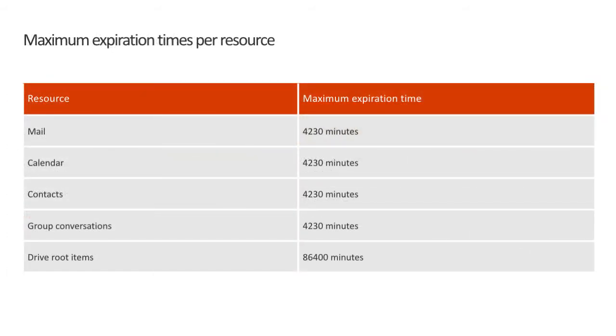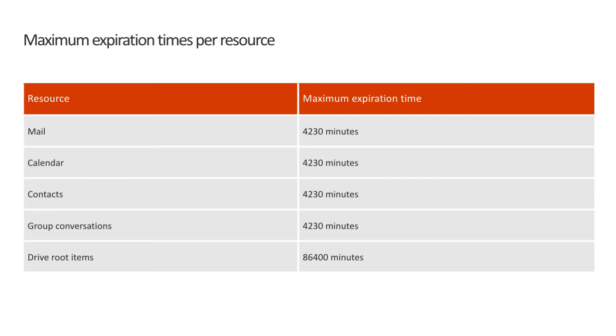Now, it's important to note that all resource subscriptions will expire after a certain amount of time. Most of them are the same, 4,230 minutes, which comes out to about 70 hours, so just a couple days. The drive root items, or items in the root of OneDrive, are going to be much longer, 86,000 minutes.